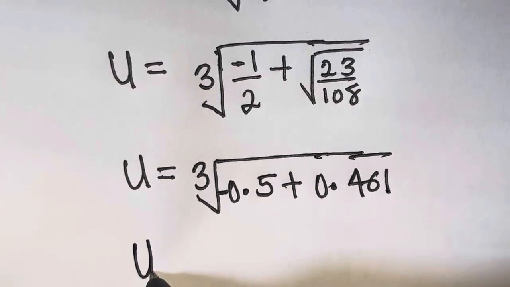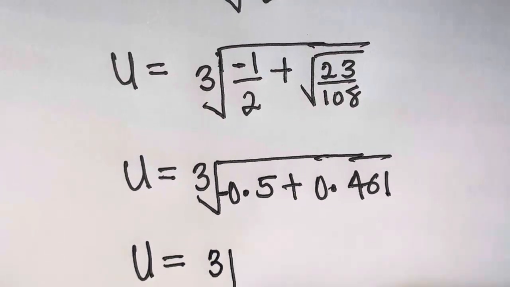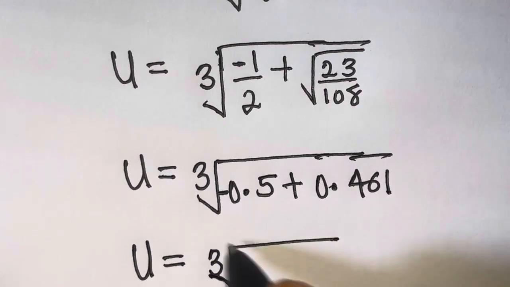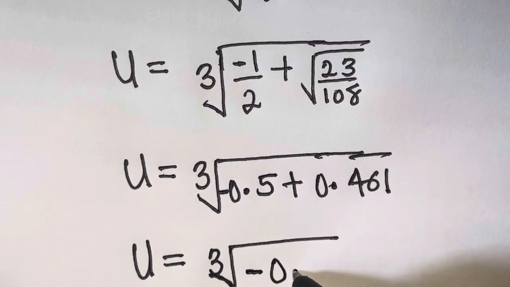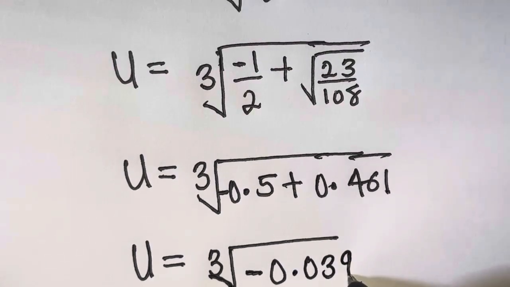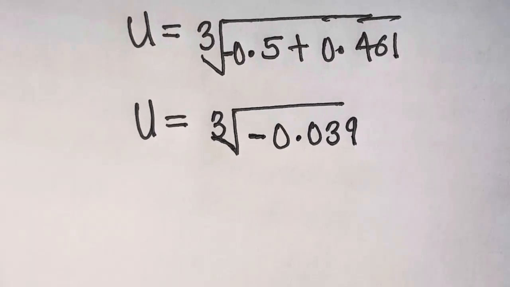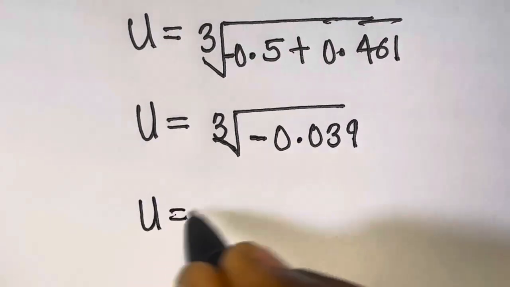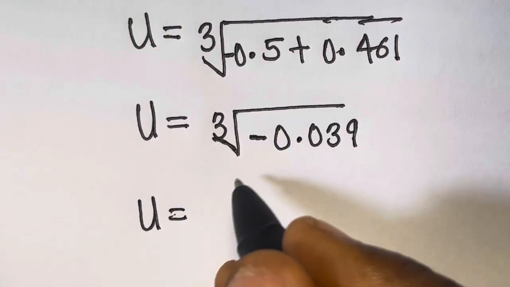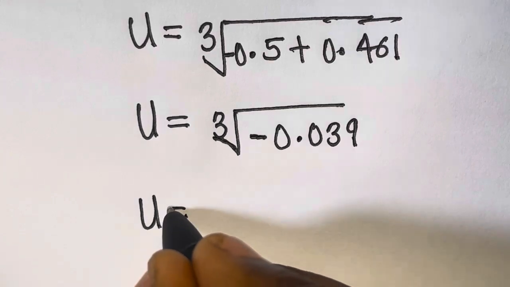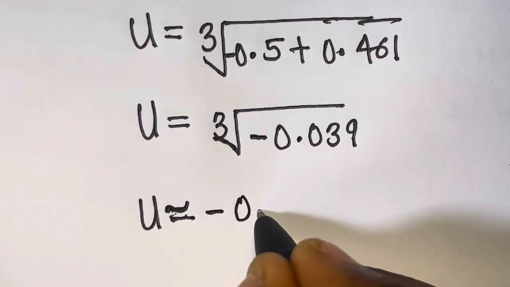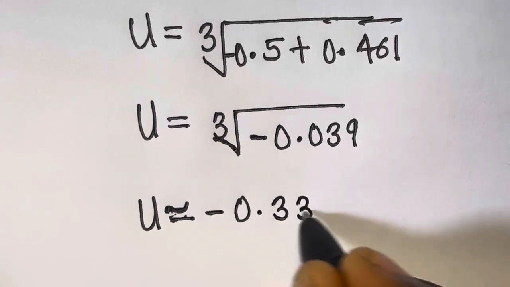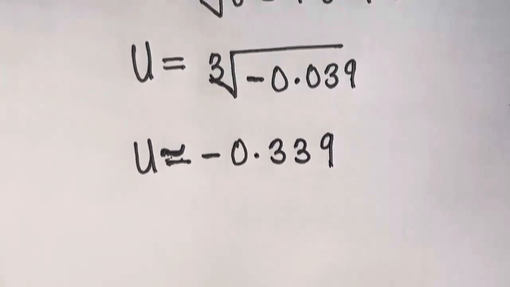So we have u equals cube root of minus 0.039, and if you find the cube root of this, u is approximately minus 0.339. So that's for u.